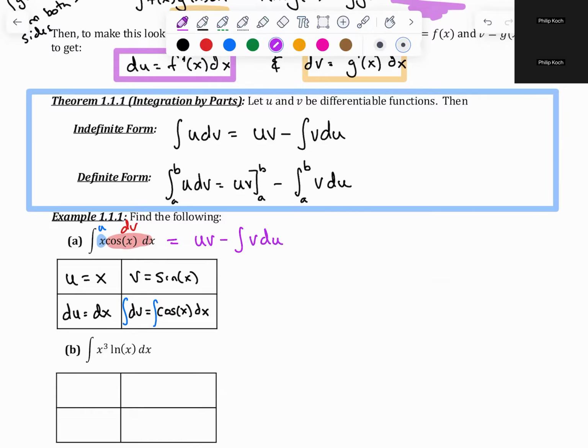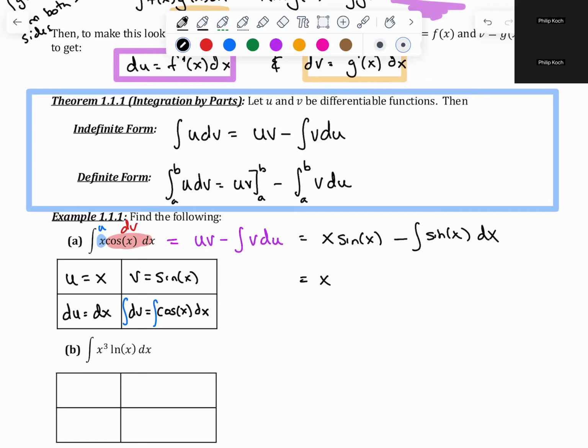This becomes uv, so x sine x, minus the integral of v, which is sine x, du, which is dx. And that's something we can integrate, right? Sine of x dx, we know what that is. That's negative cosine.